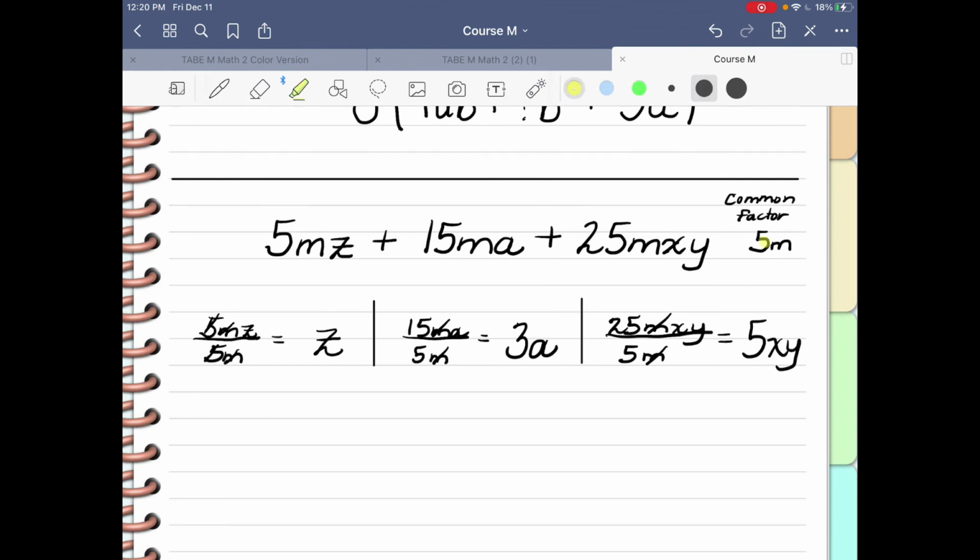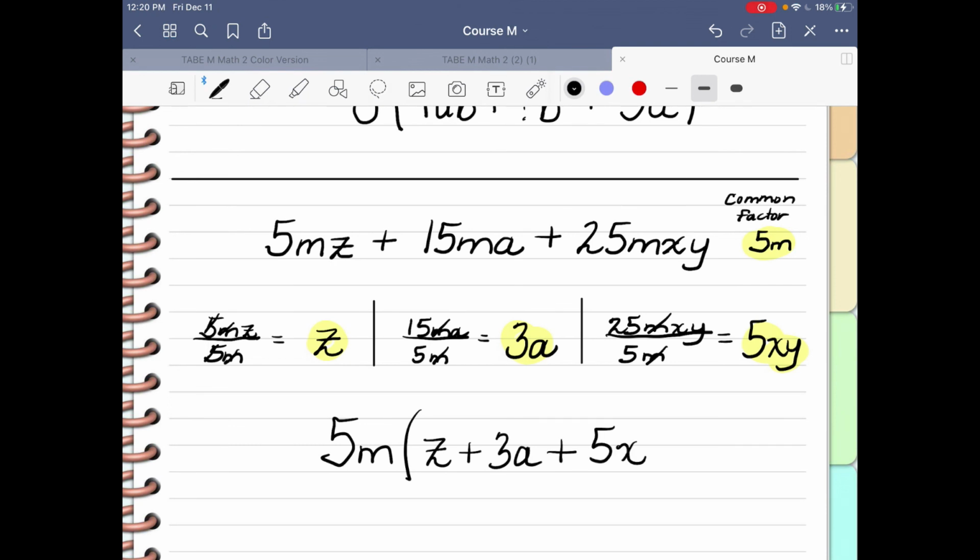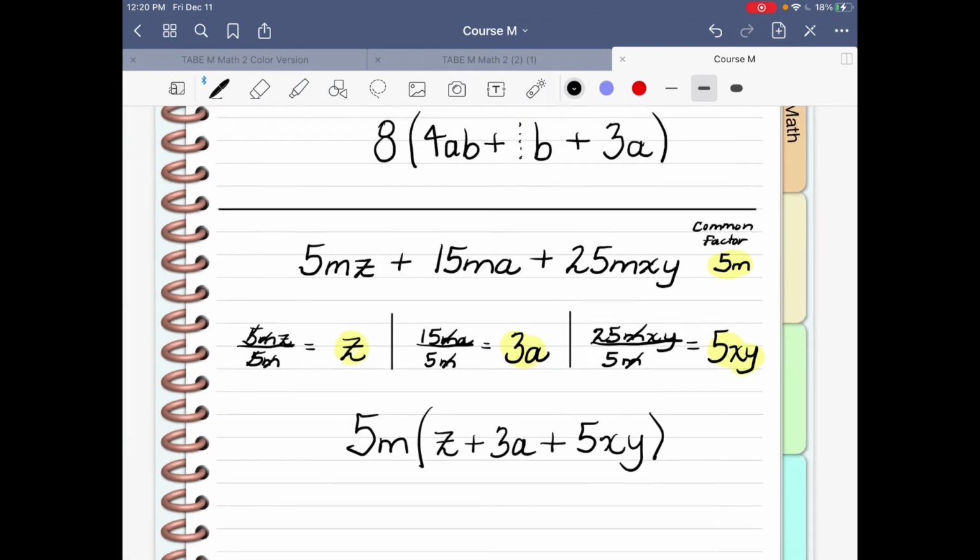So now I have the common factor and then 3 more terms. And we have 5m, z plus 3a plus 5xy when factored.